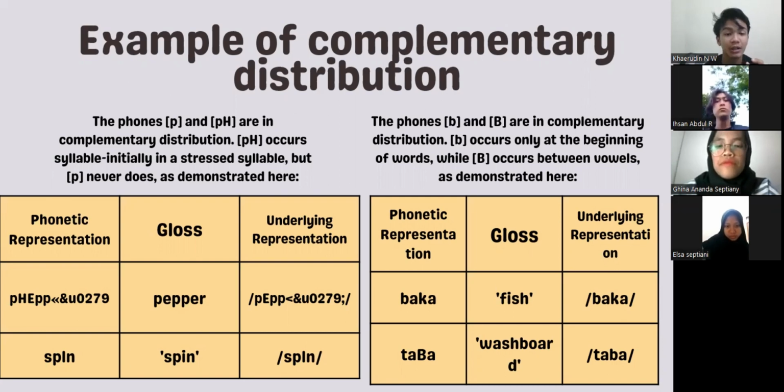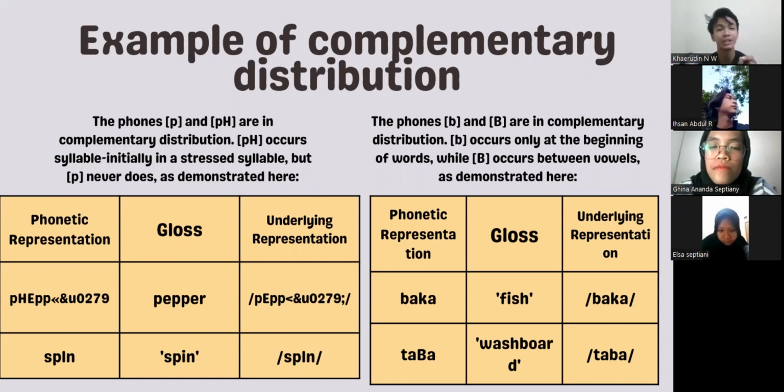So in the word pepper, we say pepper with the aspirated P at the start. And in the word spin, it is spin with just the unaspirated P, like spin, or pin.